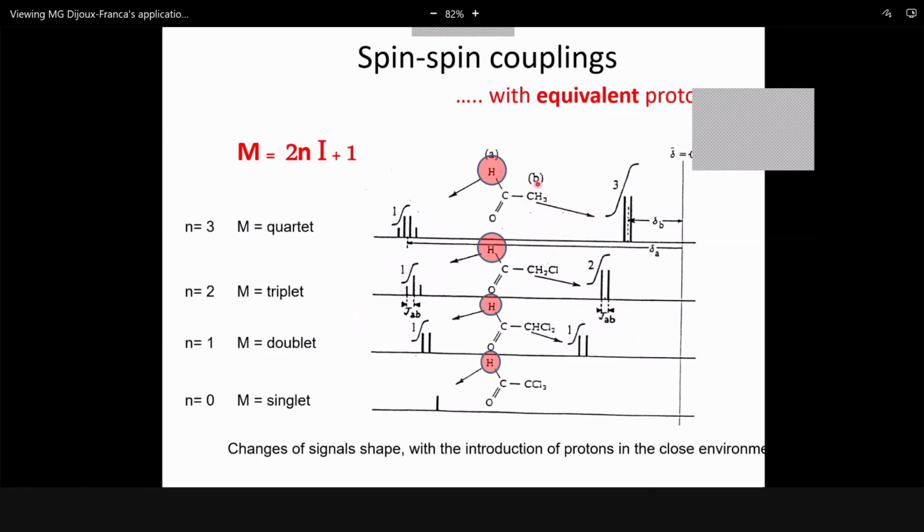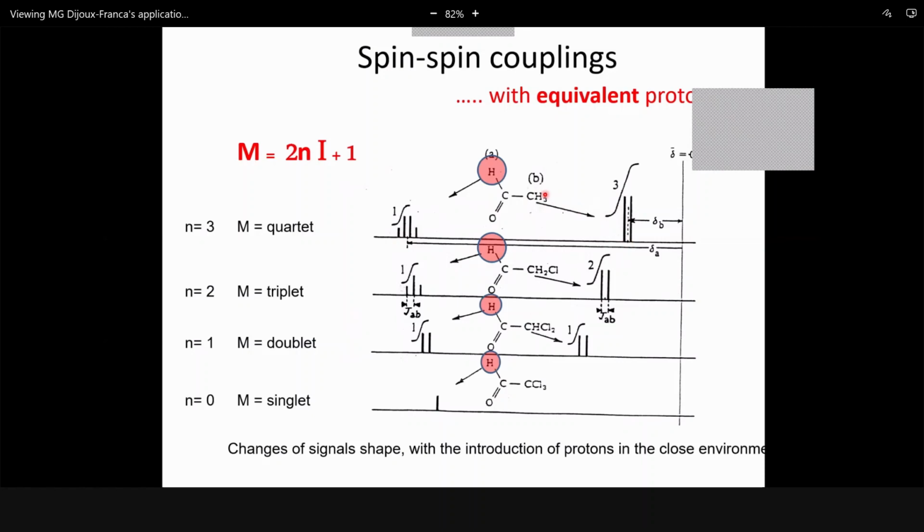this time I have a methyl group here, that means 3 equivalent protons on the carbon beside the carbon bearing the aldehyde group. The aldehyde proton is coupled to n equals 3 equivalent protons. The signal is then called a quartet. That means that I have 4 lines. And on the other side, the 3 protons that are equivalent in a methyl group have the same frequency of resonance.